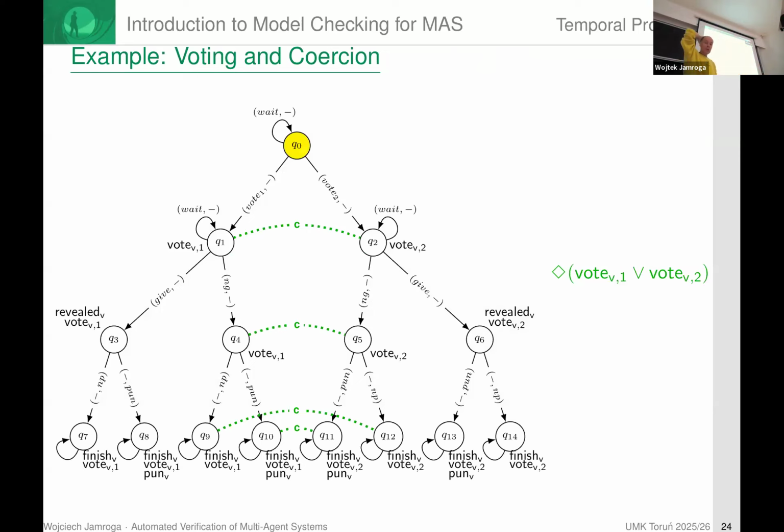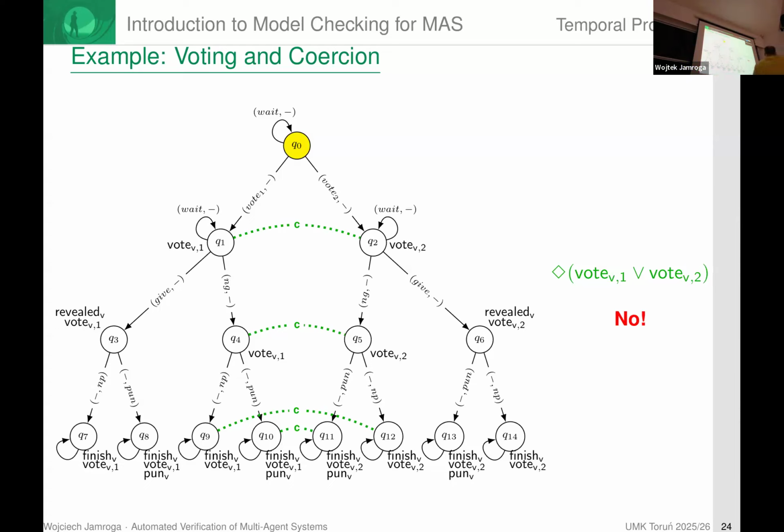Okay, so let's test the intuition on the voting example. So this property says eventually, sometime in the future, we will have vote V1 or vote V2. No. Why? And implicitly, okay, I haven't said one thing, but for a transition system, if we have just a linear time formula, implicitly we mean on all the possible executions.